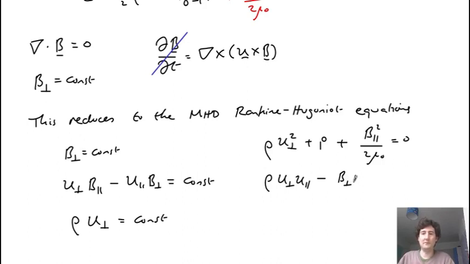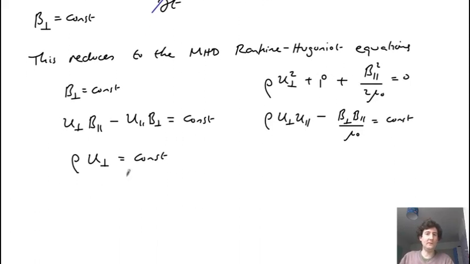So we have B perpendicular, B parallel, over mu naught. And this is also constant. So this is essentially the force balance parallel to the shock, and this is force balance perpendicular to the shock. And then finally the energy gives us an equation.